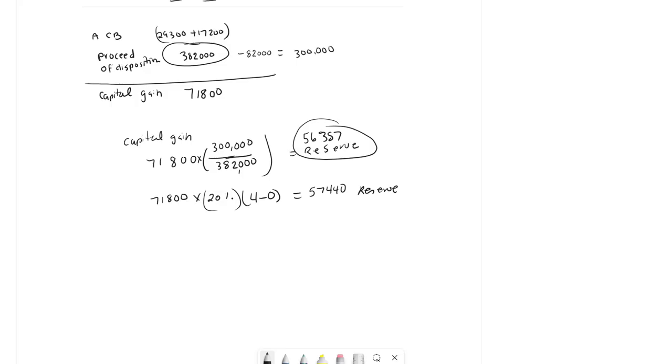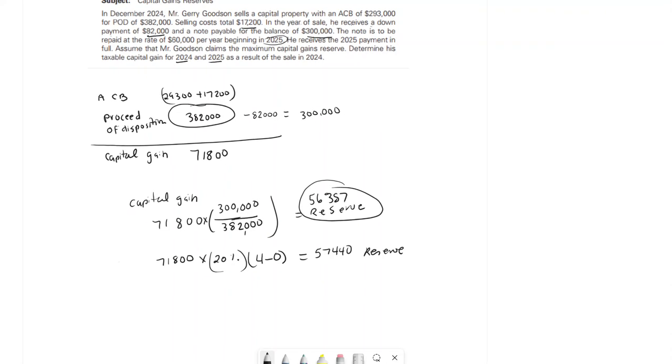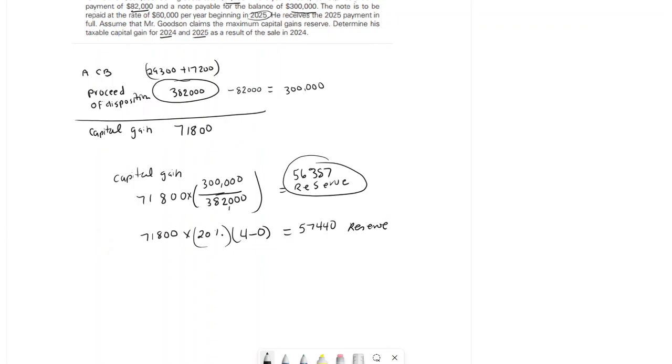So for this person, if we were to do a taxable capital gain, it will be the lesser of the both. The capital gain was 71,800, multiplied by a half in order to get a taxable capital gain.